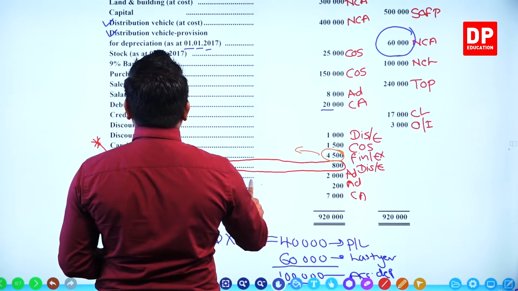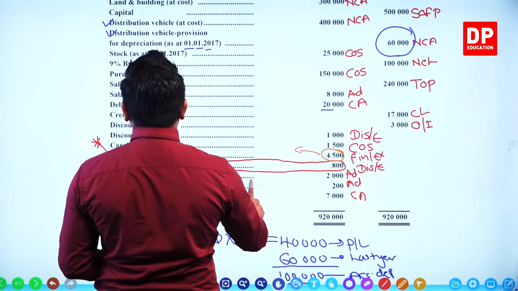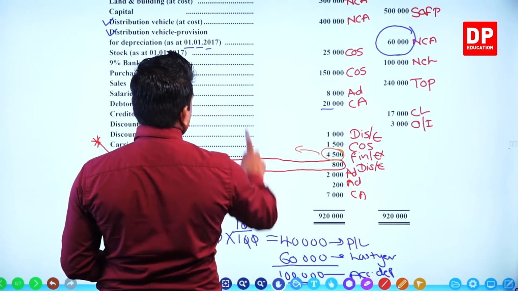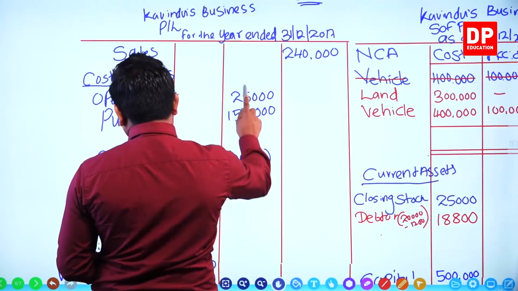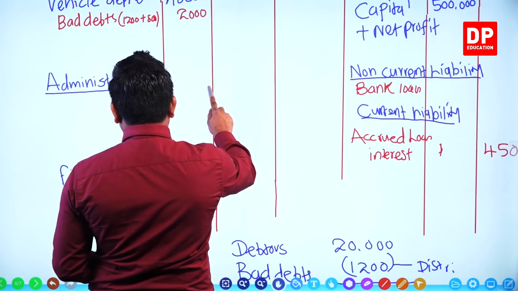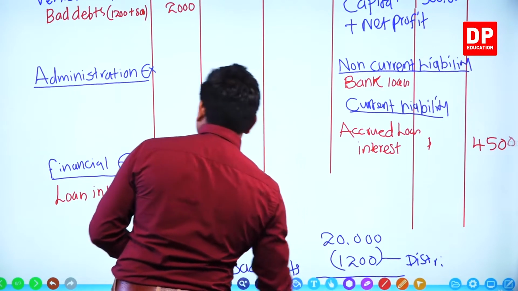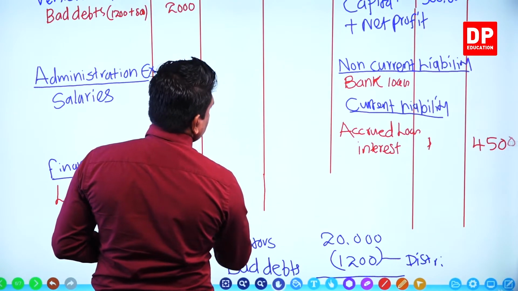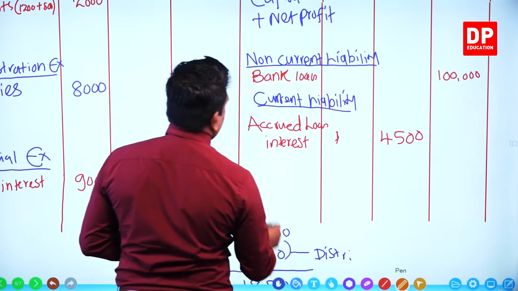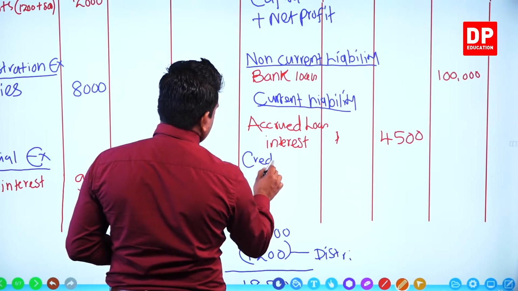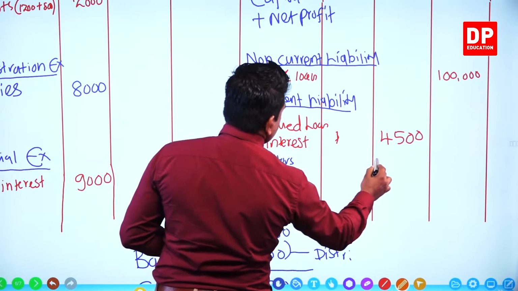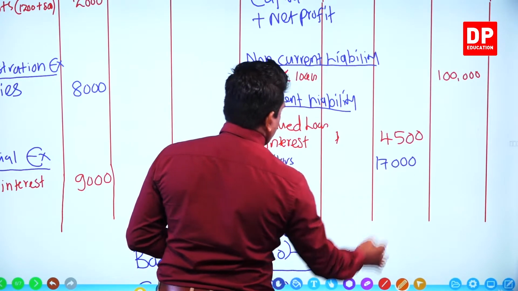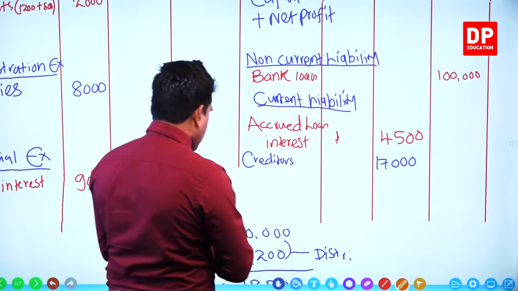Salaries 8,000. Debtors we have taken. No? Salaries 8,000. Creditors 17,000. Creditors 17,000 here. Current liability. Okay.